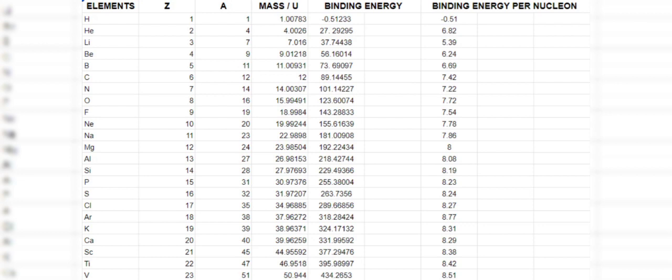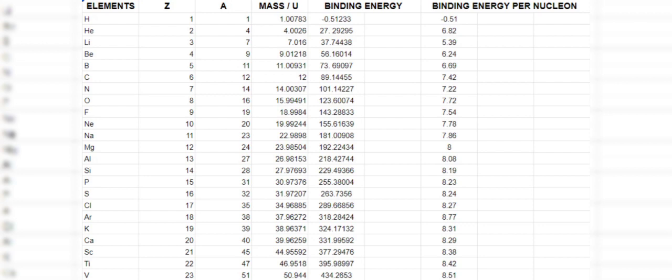The values are increasing, while A stands for the atomic mass, which is the standard used in the periodic table, is also increasing, as well as mass per unit. All of them are increasing actually.